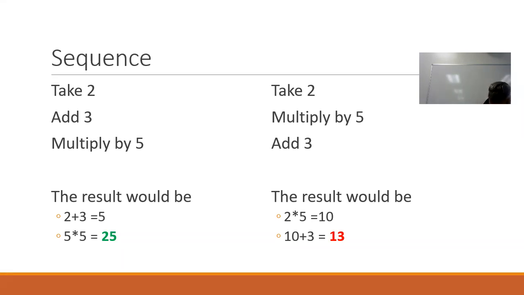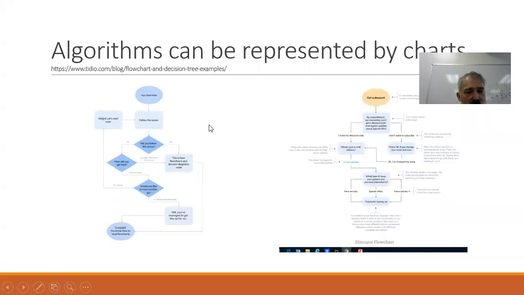So to make sure that that order occurs, we put brackets around the 2 plus 3, because brackets precede multiply. All right. So in writing our algorithms, we have to be very, very careful, because this is very different from this. This would give us 25, and this would give us 17. So it's very, very different. So be careful with that. Remember your BODMAS. Remember the order of operations is quite important.